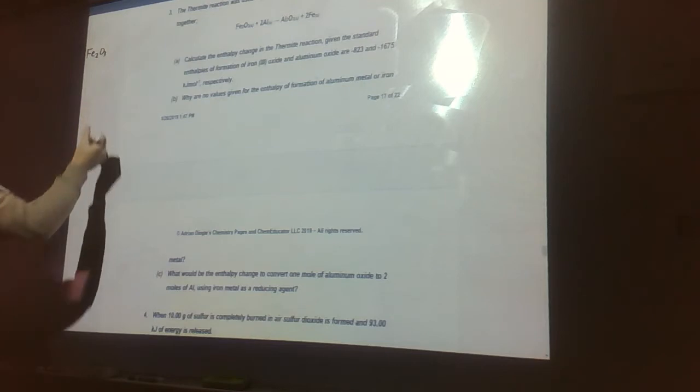this one together. The thermite reaction was used to produce molten iron for welding railway tracks together. So we have the overall reaction, Fe2O3, iron 3 oxide, plus aluminum makes aluminum oxide and iron.